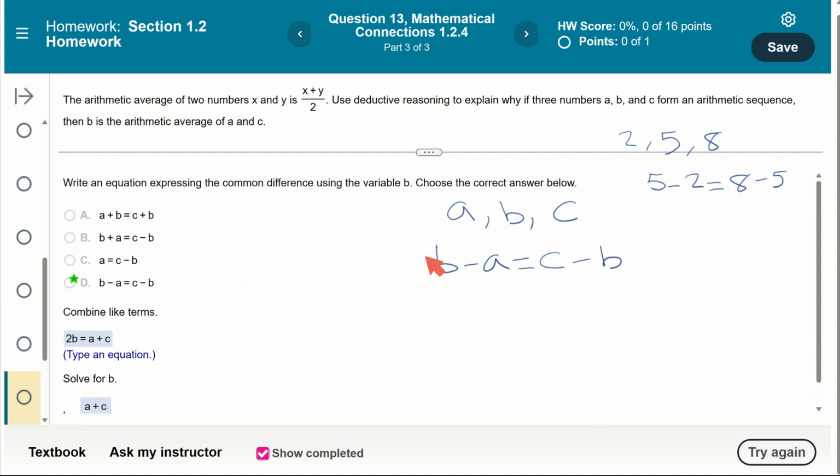So now we take this simple equation, b minus a equals c minus b, and we're trying to establish that b is the average of a and c. So we're going to take this and solve it for b, to see if it becomes the average of a and c. Notice it's a simple equation to solve. What we're going to do is get the b's on the same side and get rid of anything else other than b on the left side.